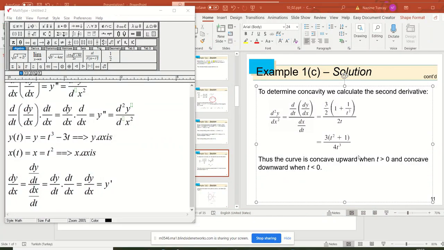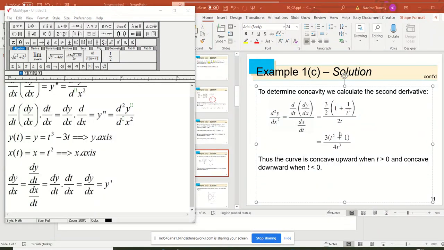So here, it's not defined when t equals 0. But when t is bigger than 0, this result will be positive. When t is smaller than 0, the result will be negative.